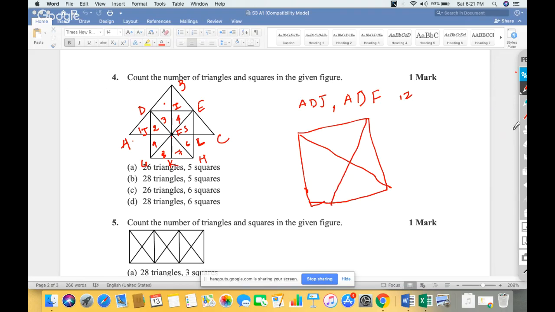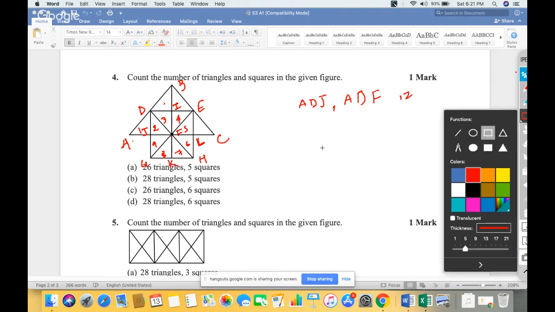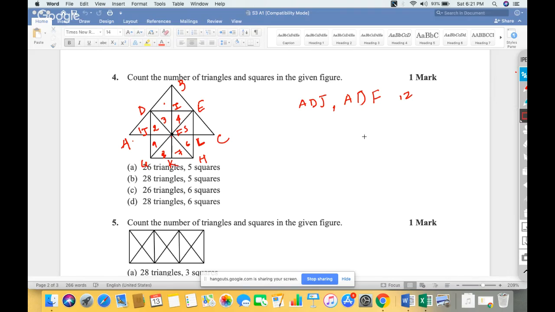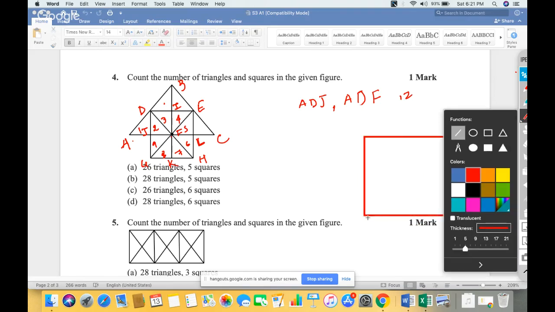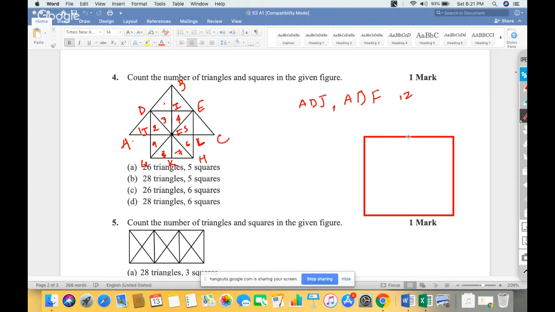It's something like this. Let me make a square for you. The square is something like this.